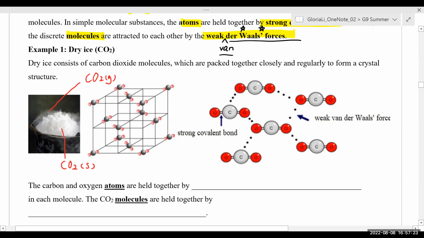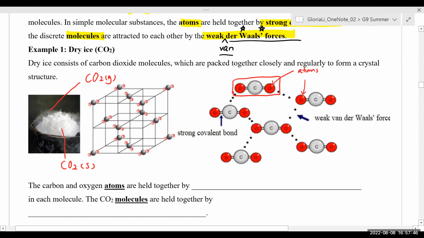In other words, when we try to heat up the dry ice, it changes to the gas. It means the whole CO2 doesn't break down. It still keeps its chemical formula, CO2. We found that, can you write it down? These are the atoms.